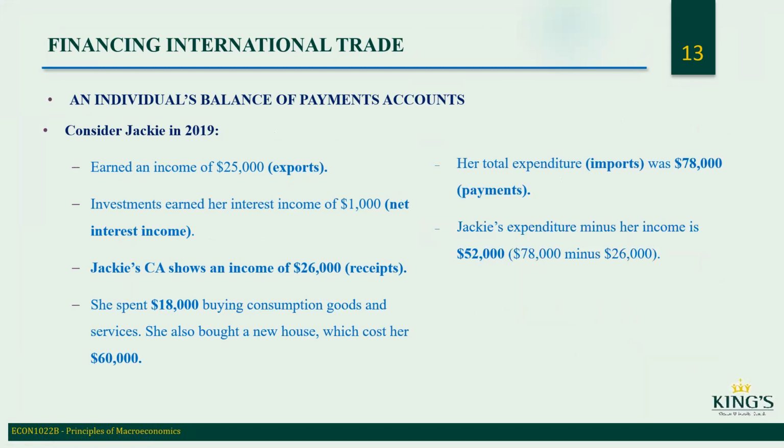So in this case, the expenditure was 78,000 and income was 25,000. How did Jackie pay the rest?